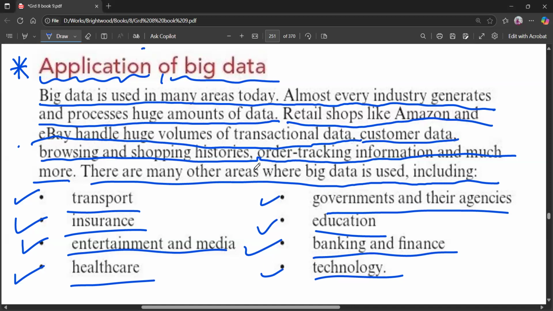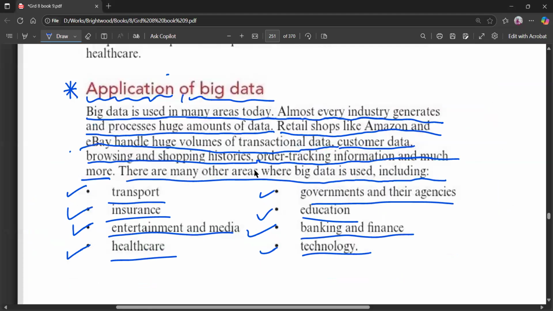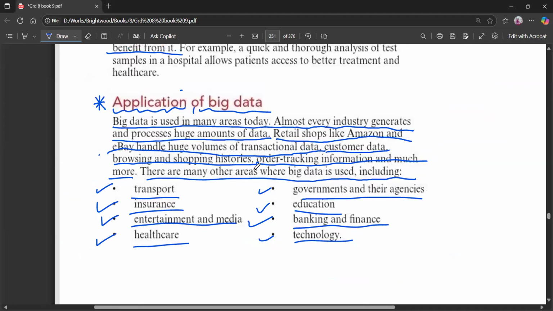I think you wrote that big data is used in many areas, almost every industry, which process huge amounts of data. As told previously, AliExpress, Amazon and eBay handle a huge volume of transaction data, including customer data, browsing, shopping histories, and order tracking information.